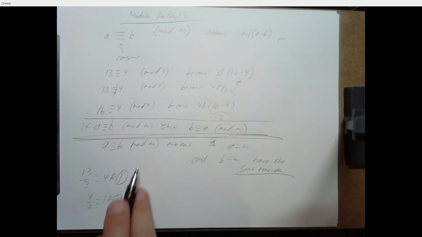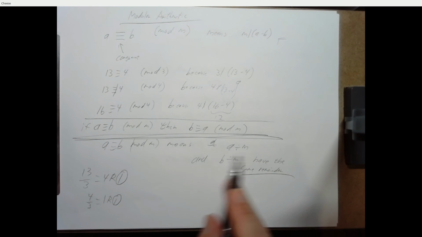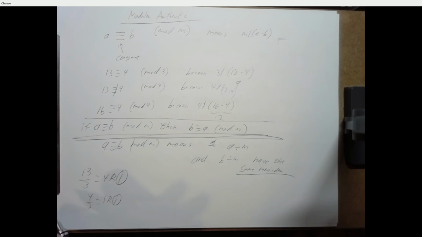And since this congruence is based on the remainder when we divide one number by another, there's only so many remainders that you can have when you divide by m. In fact, there's exactly m minus 1 remainders possible. So in a nutshell, modular arithmetic is sometimes going to let us take problems about the totality of the integers and reduce them to problems about a very small subset of the integers.